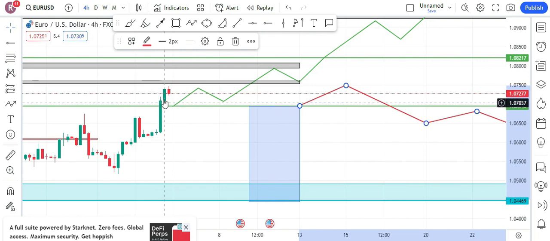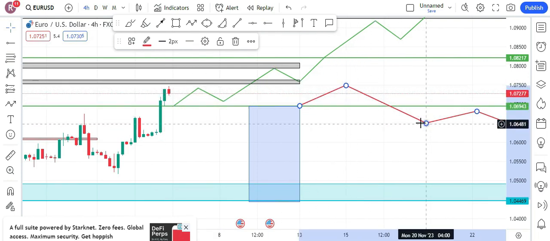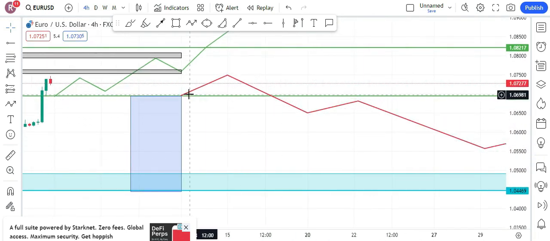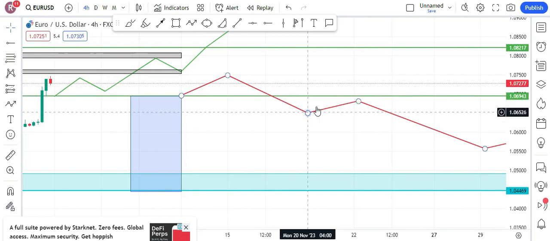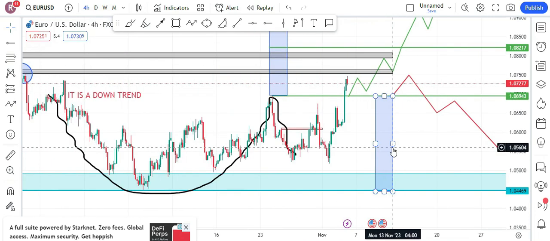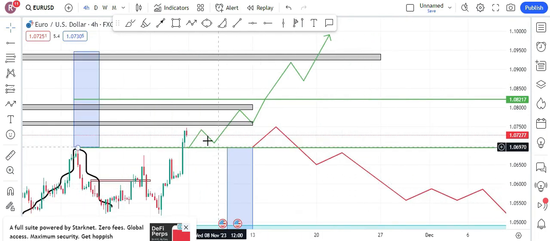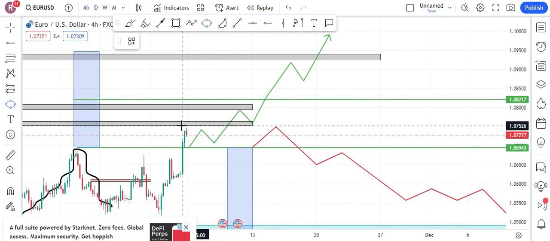It went up like this, and it will come down, maybe it will break, and maybe it will go downward. So wait for this candlestick to be very precise in 4 hours.